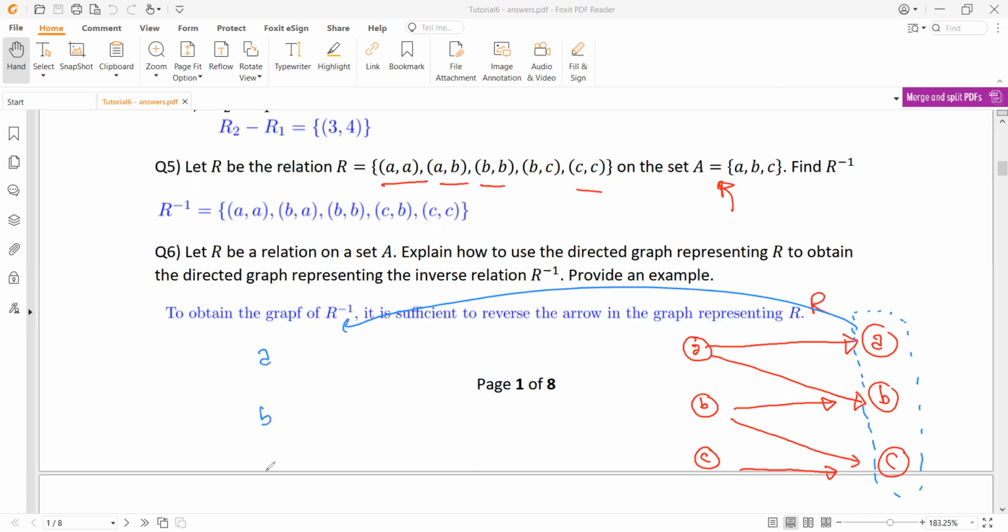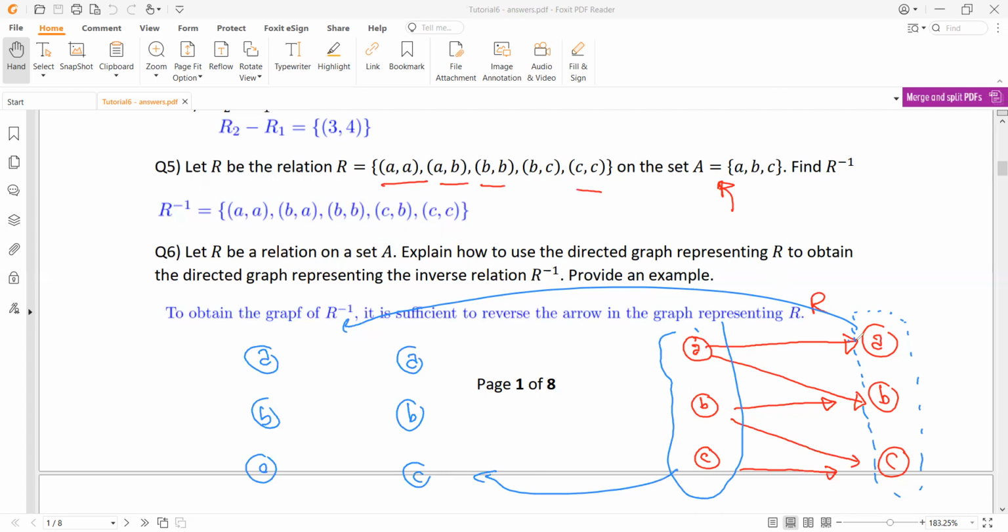A, B, C, and A, B, C, which is that one. I'm going to do it on the right. And now every arrow does its opposite, okay, Shabab? For every arrow, go and draw its opposite.